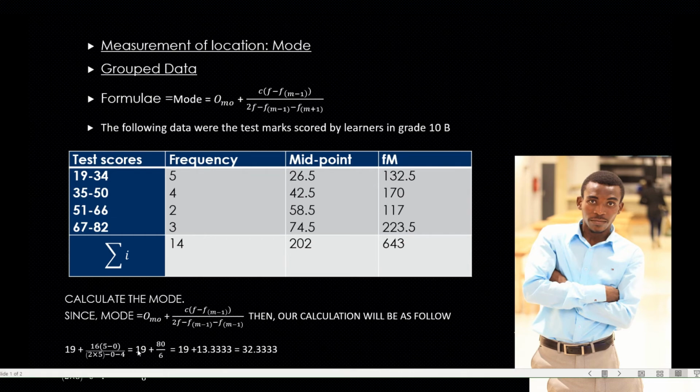Now we have 19 plus 80 divided by 6, which is the same as 19 plus 13.333, which is the same as 32.333. So now you can conclude that most of the learners in grade 10B score 32.333.